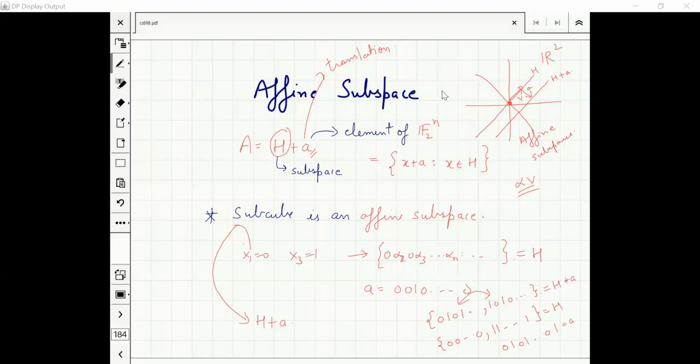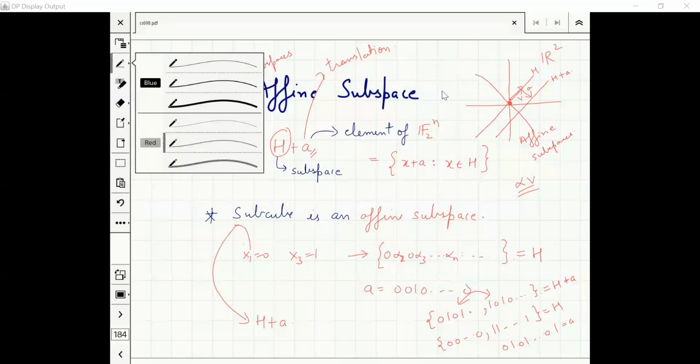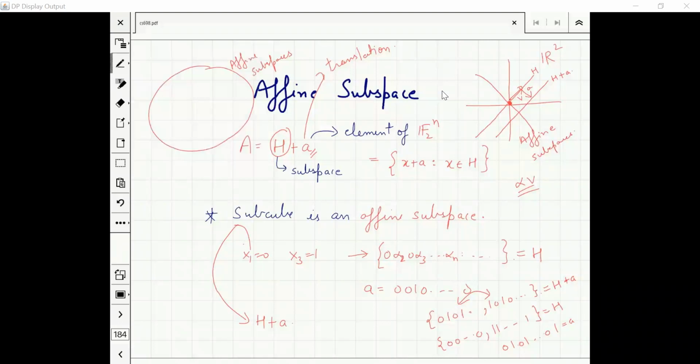We have to be clear about these three things. This, let's say, is the set of affine subspaces. What do I know about subcubes? Subcubes are inside this.